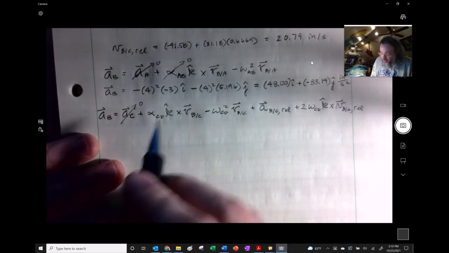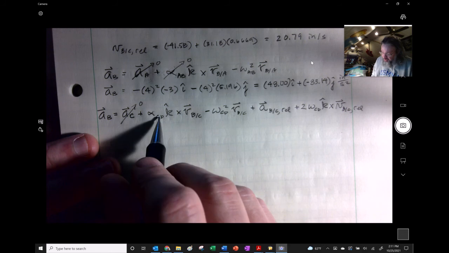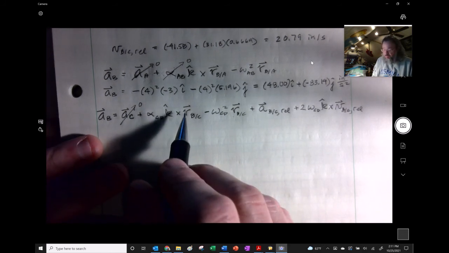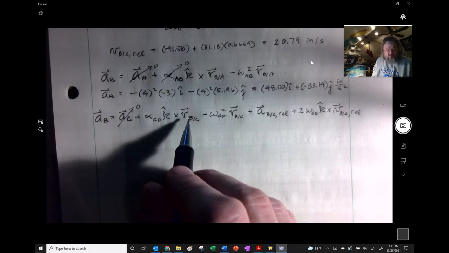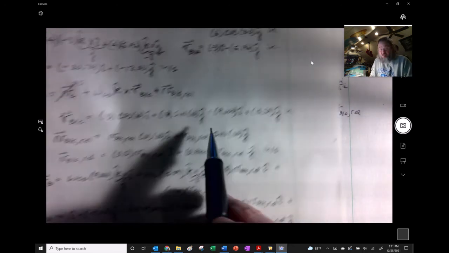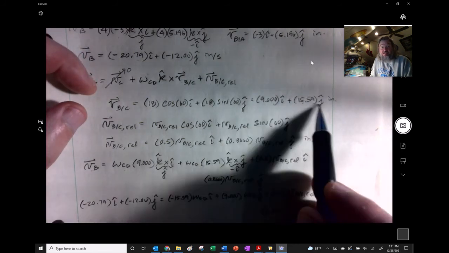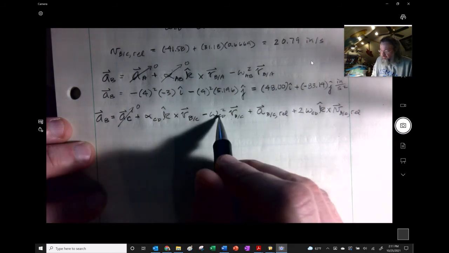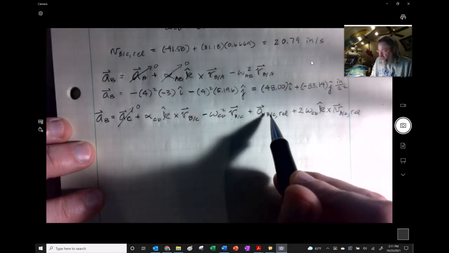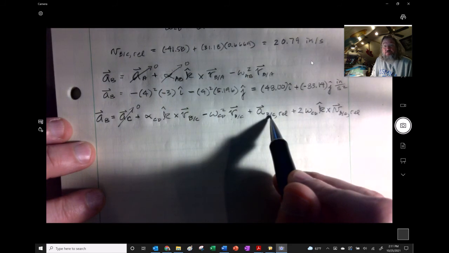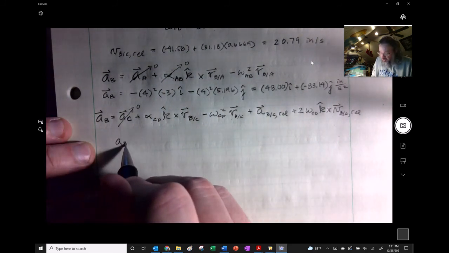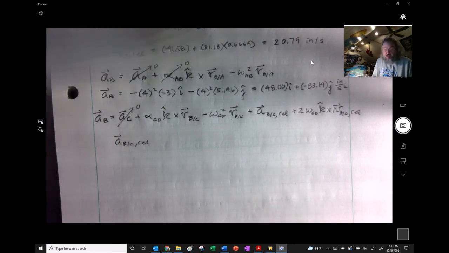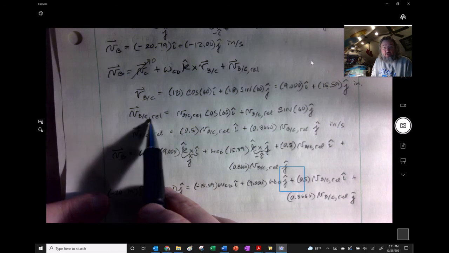Let me write out what this one is. I could do that later, as long as I've already recorded what our B with respect to C is going to be. I have it right down here. Here I do need to write this out. The acceleration of B with respect to C, I'm going to do the same thing I did before.